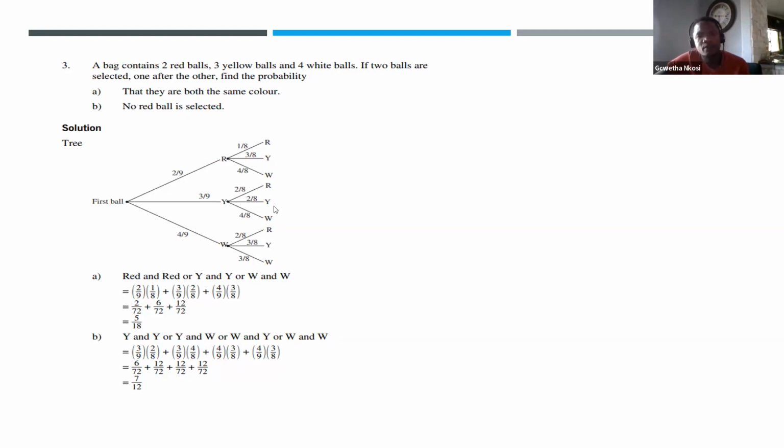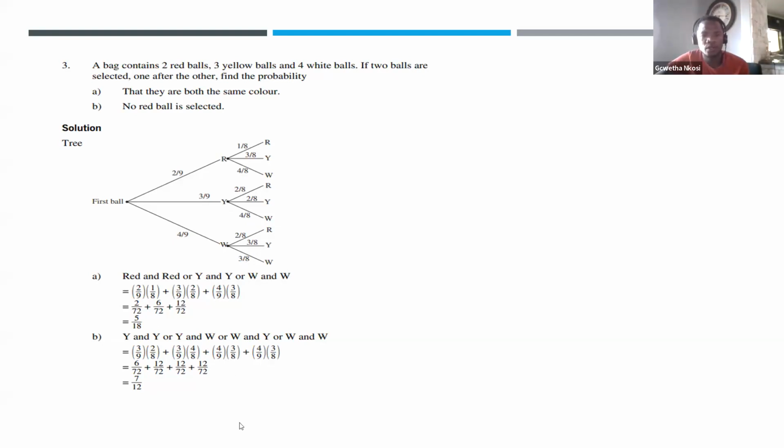So now let's multiply all those probabilities. Yellow and yellow, 3 by 9, 2 by 8, first option. Second one, it's 3 by 9, 4 by 8. Third option should be 4 by 9, 3 by 8. Fourth option should be 4 by 9, 3 by 8.